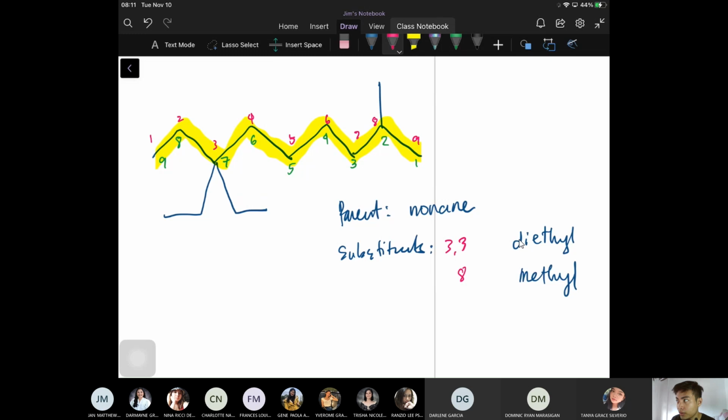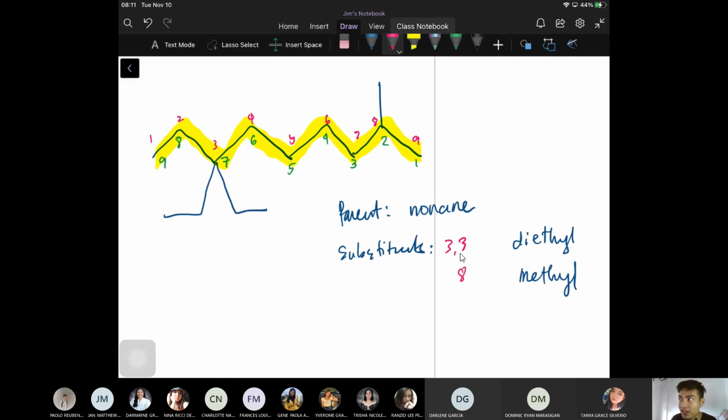Tapos ano, depending on the number of that substituent, ganun din dapat karami yung locant. So kunwari, tetraethyl yan. So kailangan 4 na numbers yung lumabas. Triethyl yan. So kailangan 3 numbers yung lalabas. Diethyl yan, 2 numbers yung lalabas. No? So ganun yung kailangan natin tandaan.